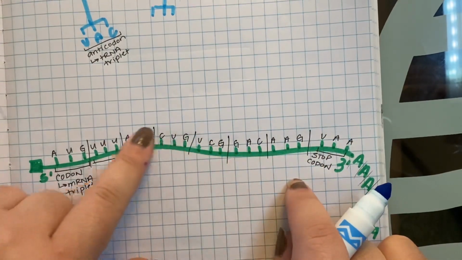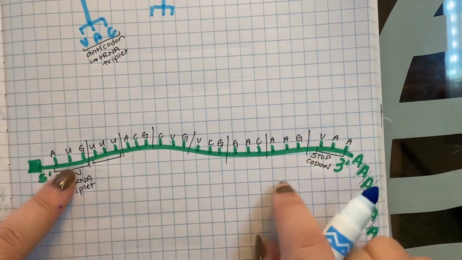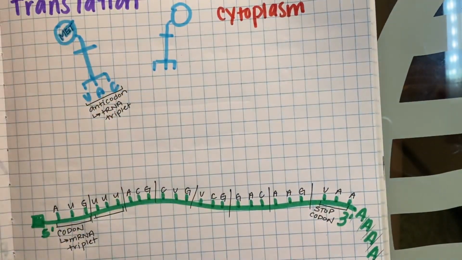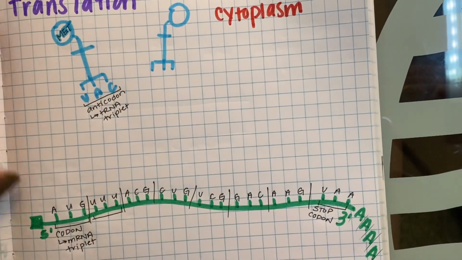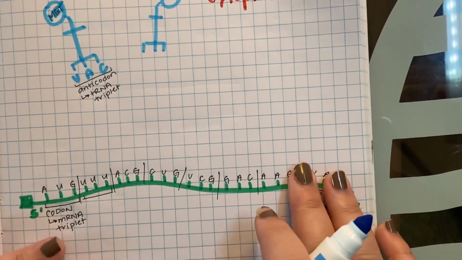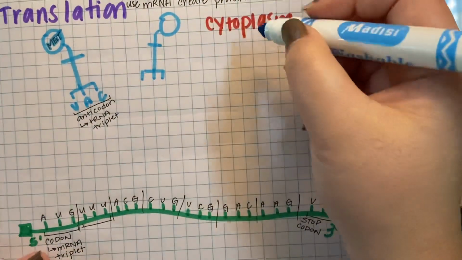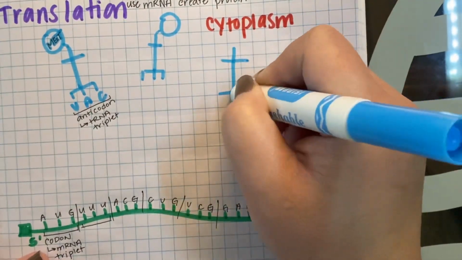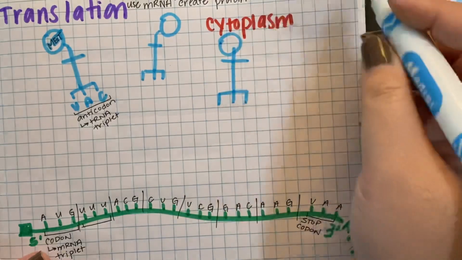If I have 7 codons, that means this protein is going to be 7 amino acids long. That means I need 7 tRNAs. Okay, so let's just draw a few. I don't want to draw all 7. It's going to get insane because this might be the diagram that gets me organized for this lesson. So let's draw 4.